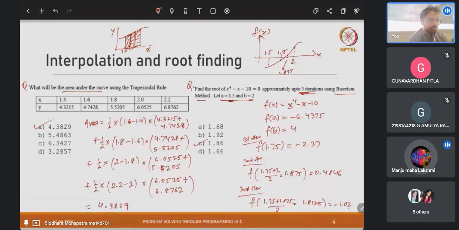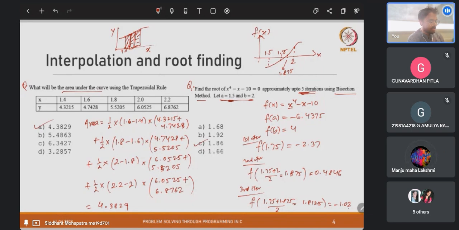So how can you justify that the answer is 1.8? Continue doing that up till the 5th iteration and you will get the answer. I have solved it, that's why I can say that it's 1.86, but you can continue doing it. For the next iteration, can we take any values?